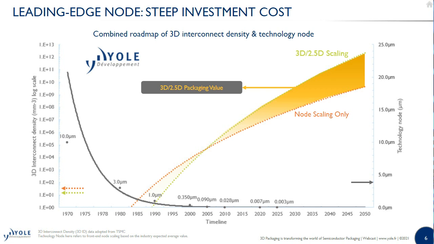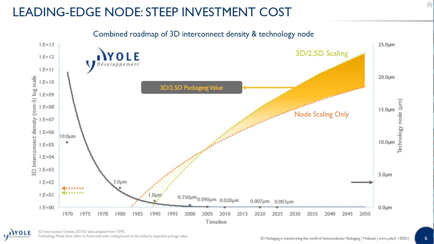But this traditional way of scaling has become really difficult and expensive, node after node. While scaling continues to be important work in progress in the background, the industry is now looking to utilize advanced packaging technologies to pack multiple advanced and mature chips into a single package, such as heterogeneous integration, 2.5D, and 3D packaging, to extend the 3D interconnection density.